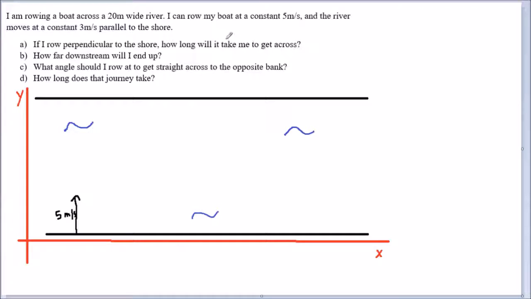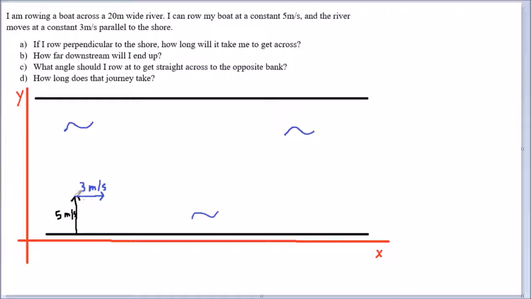And we know the river, or rather the water, is also moving at 3 meters per second parallel to the shore. So that'll be going only in the x direction, and the magnitude of this vector is going to be 3 meters per second.